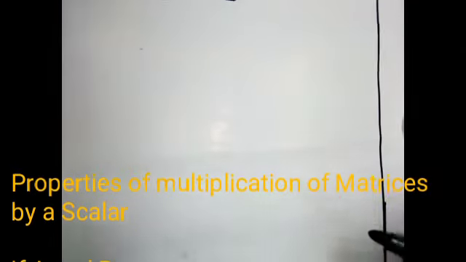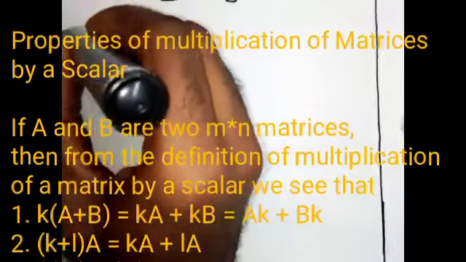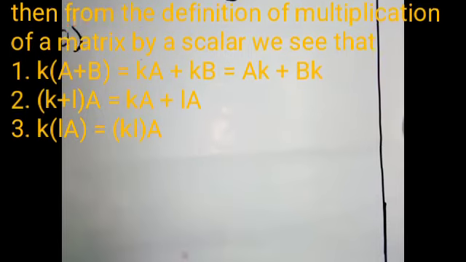So we'll look at the properties of scalar multiplication. Number 1, scalar multiplication is commutative.